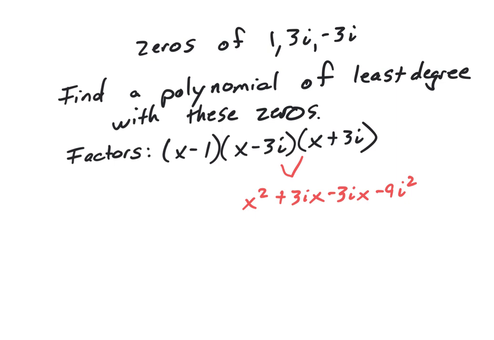This one's a little bit different because we have some x's attached, but because these two are conjugates of one another, those two middle terms should disappear. The 3ix's cancel each other out. And then once again, we see i squared, and we said way back when we talked about imaginaries, anytime I see i squared it is really negative 1. And so this would become x squared plus 9.